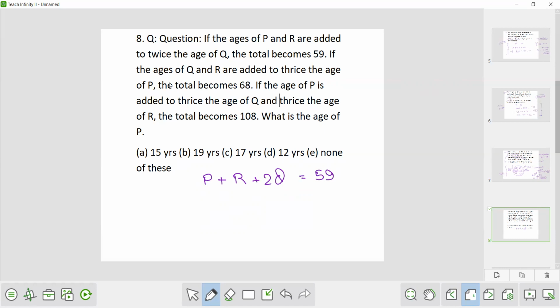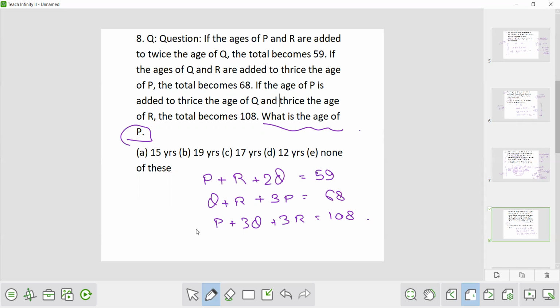If the ages of Q and R are added, Q plus R, to thrice the age of P, means 3P, equals 68. And if the age of P is added to thrice the age of Q and thrice the age of R, the total becomes 108. So we have to find the age of P.